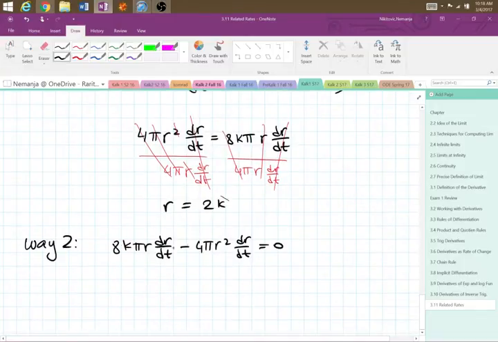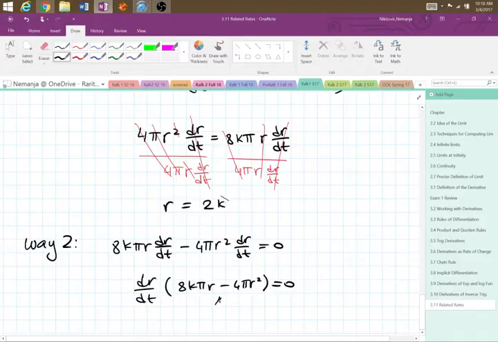And now factor dr/dt, and you have 8k pi r minus 4 pi r squared equals 0, and you see that this is not 0, so this one is, which means constant radius.